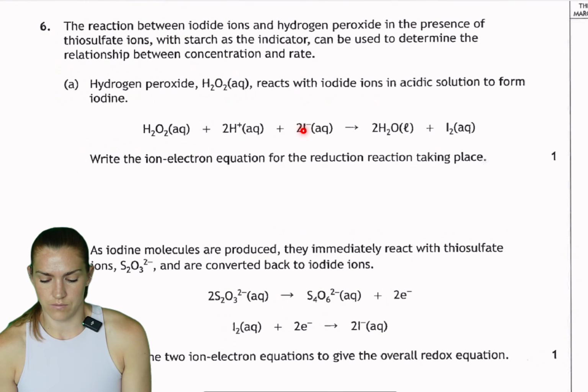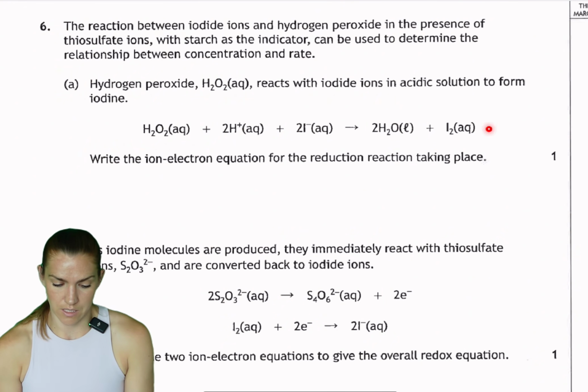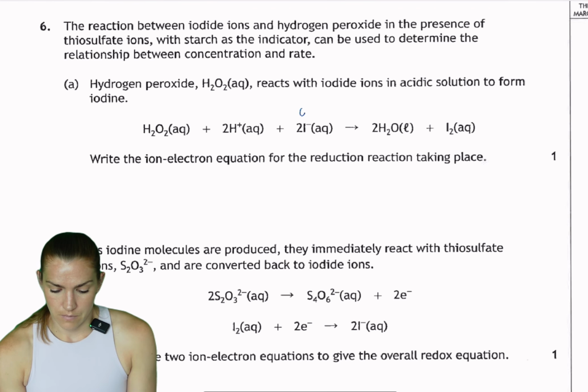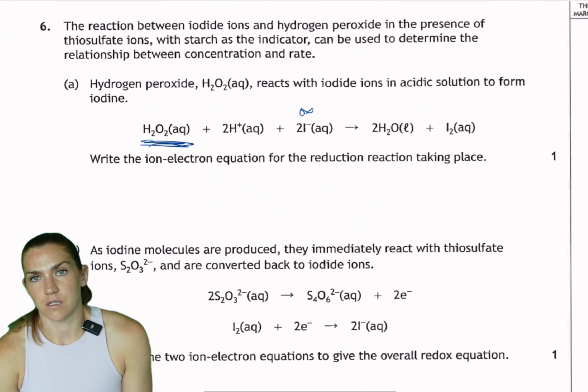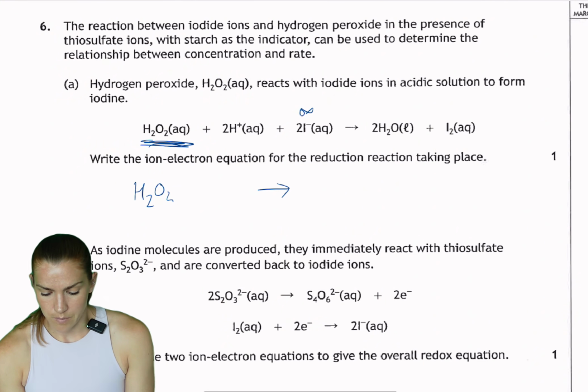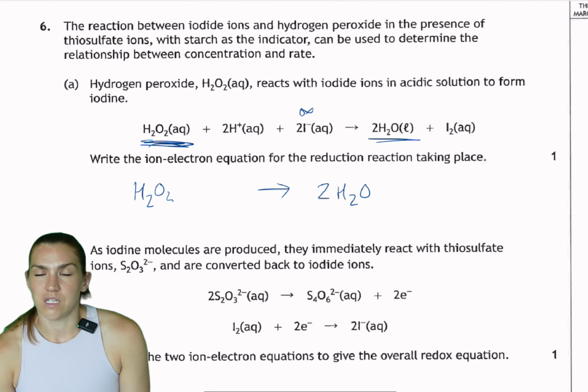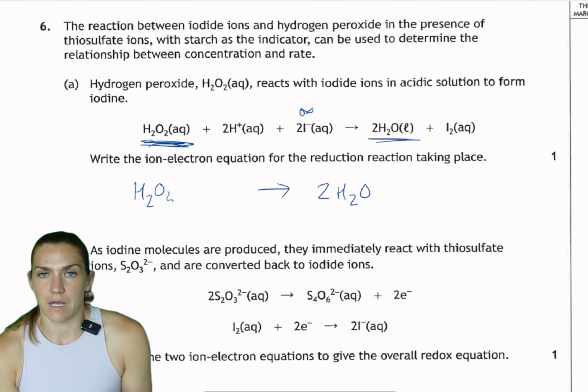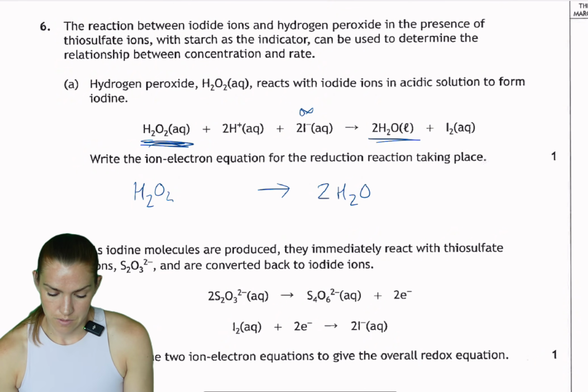So the halogen is going from negative to neutral, which means that's losing electrons, so that's been oxidized. So that means the other species in the reaction must be the one getting reduced. So we've got H2O2 going to, and that becomes just water. So all we need to do now is to balance the equation following the 4 steps.